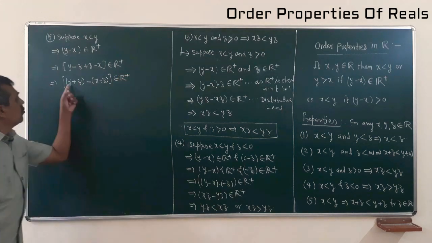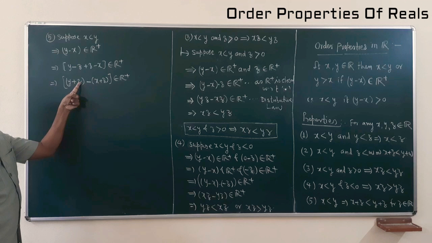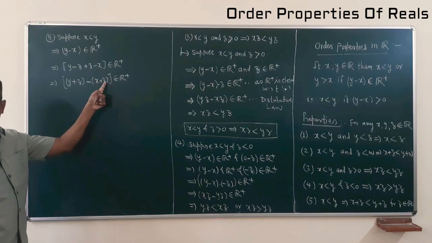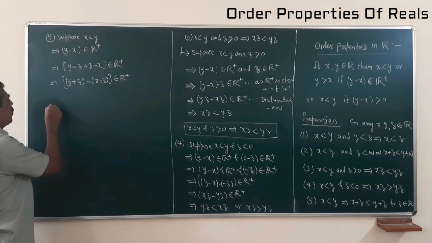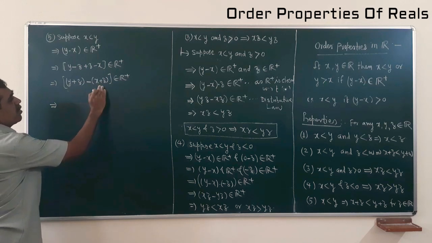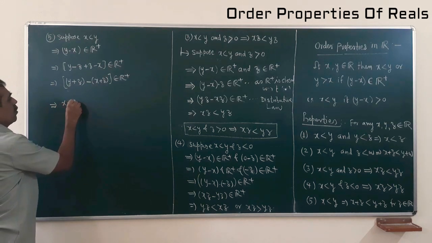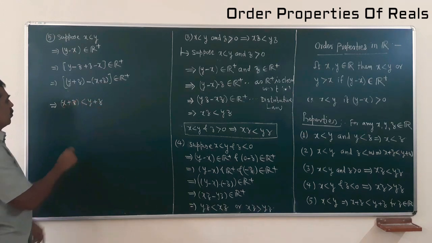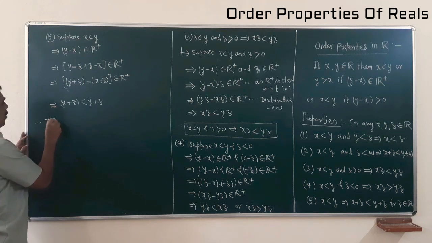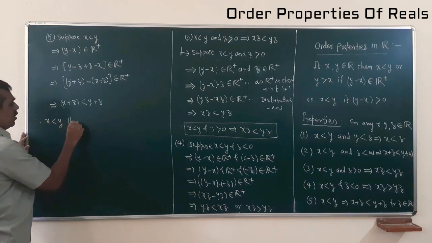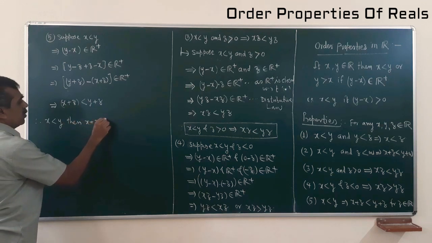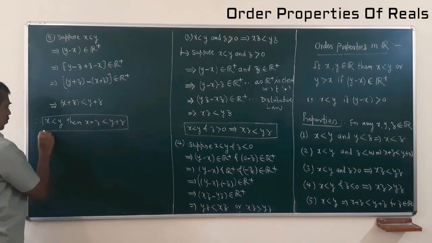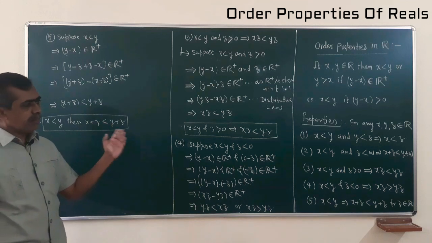Am I right? See, y is positive, this z is positive, minus x and minus z. We have only arranged the terms in a proper way. So what does this imply? b minus a belongs to R plus, that is x plus z less than y plus z by definition. Therefore, if x less than y, then x plus z less than y plus z. This is what the answer is.